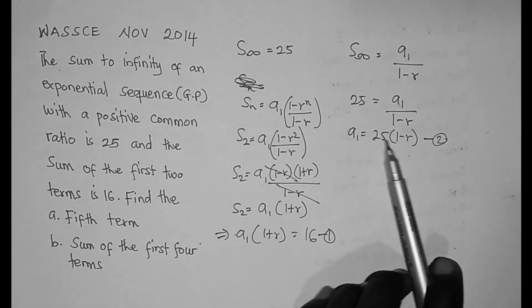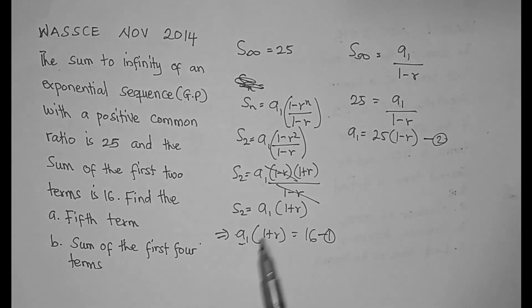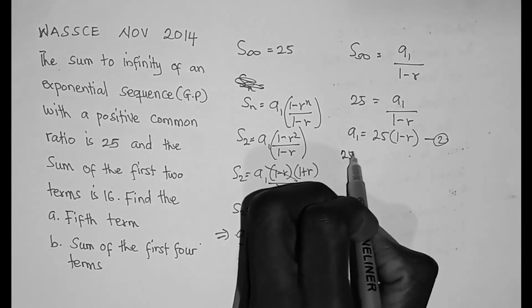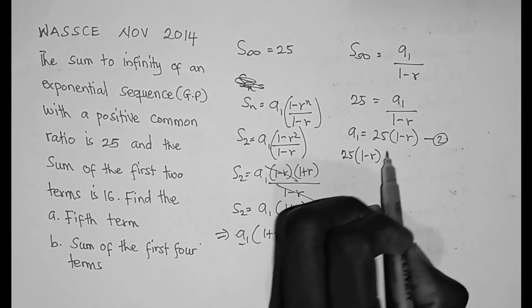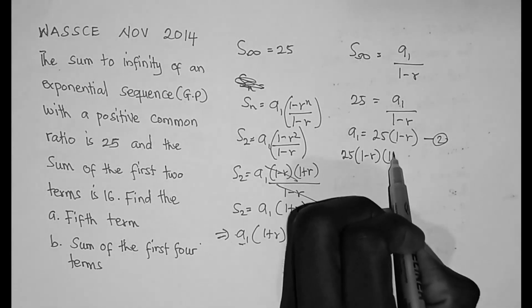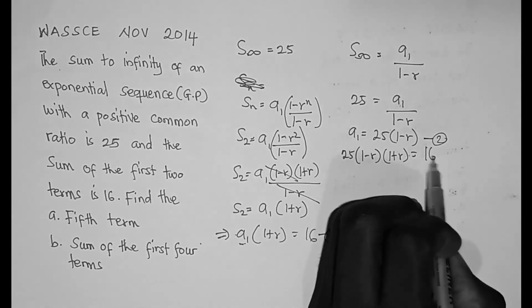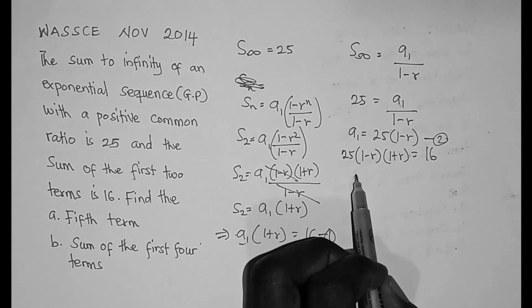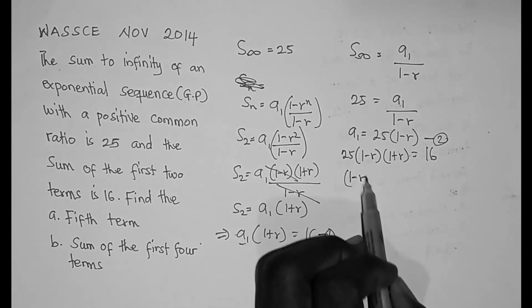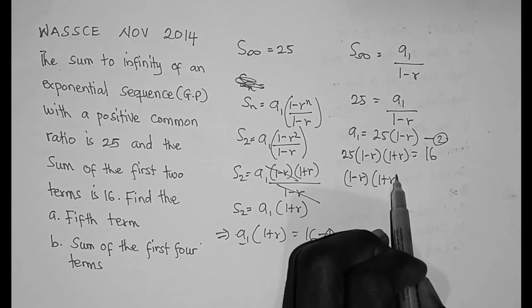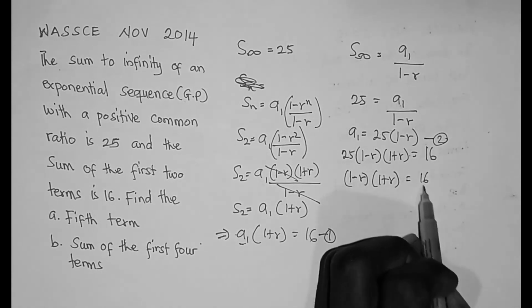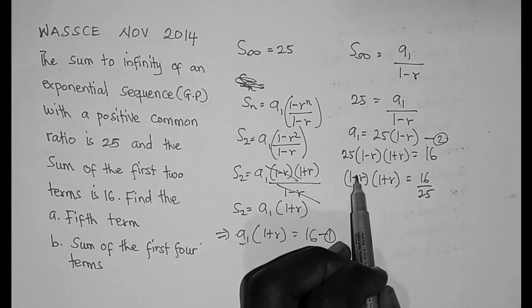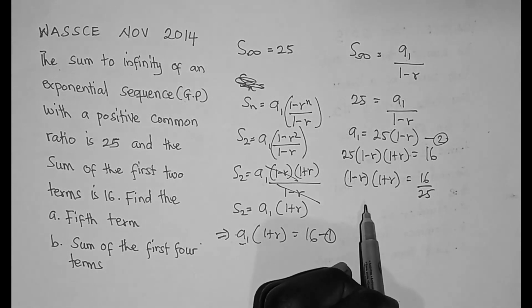So all we need to do is to replace this a1 with 25 times 1 minus r. So we are getting 25 times 1 minus r, and times this, which is 1 plus r, equals 16. So this becomes 1 minus r times 1 plus r equals 16 divided by 25. So 1 minus r times 1 plus r is a difference of two squares.